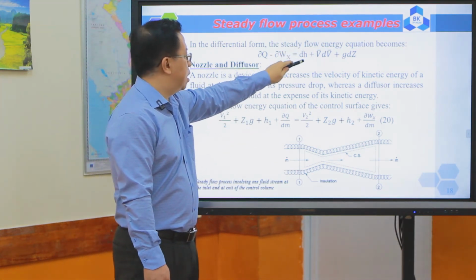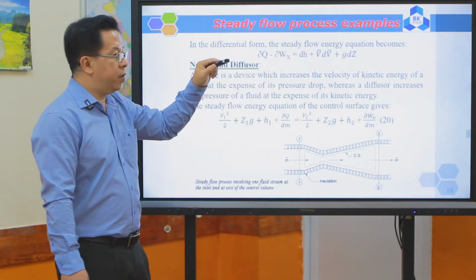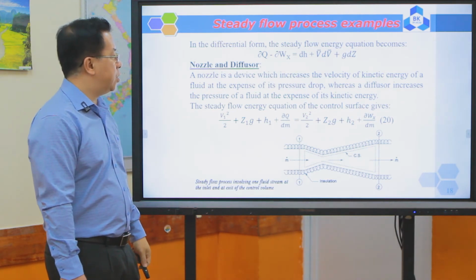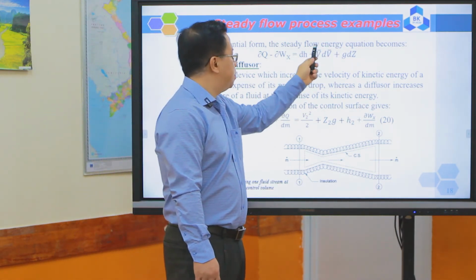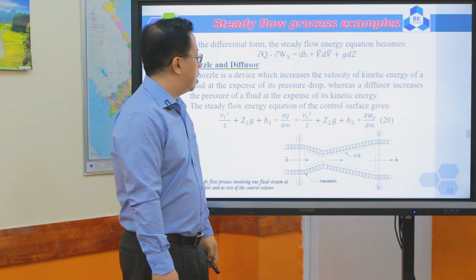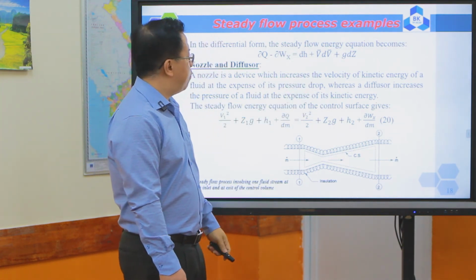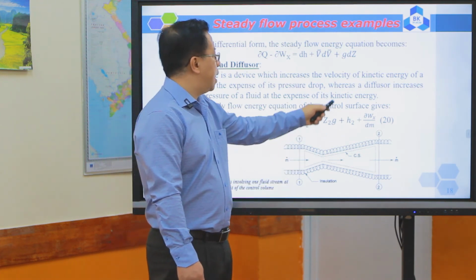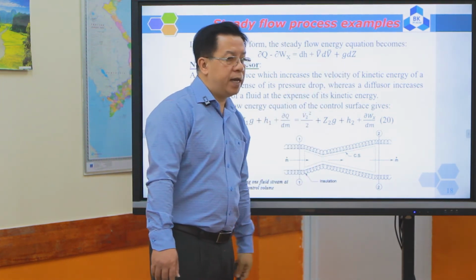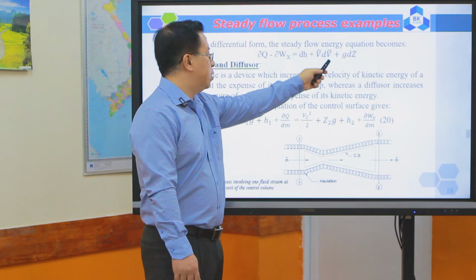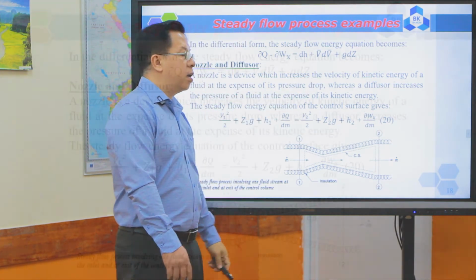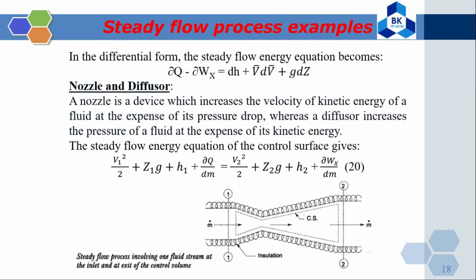Here H is the enthalpy, because for flow the energy is represented by enthalpy. This term is related to the kinetic energy, where V bar is the average velocity, and g dZ is related to the potential energy, where g is the gravitational acceleration and Z is the elevation.